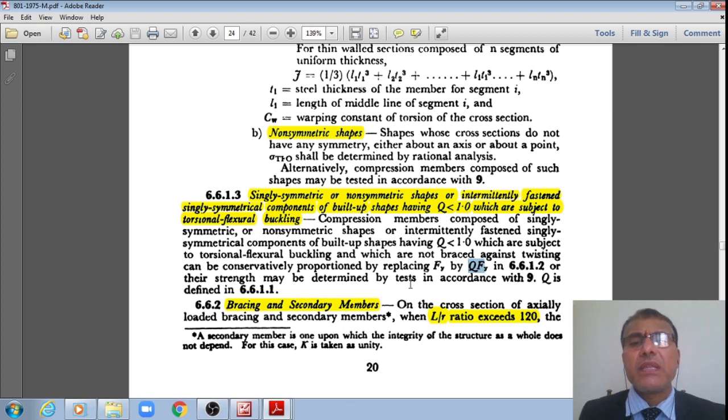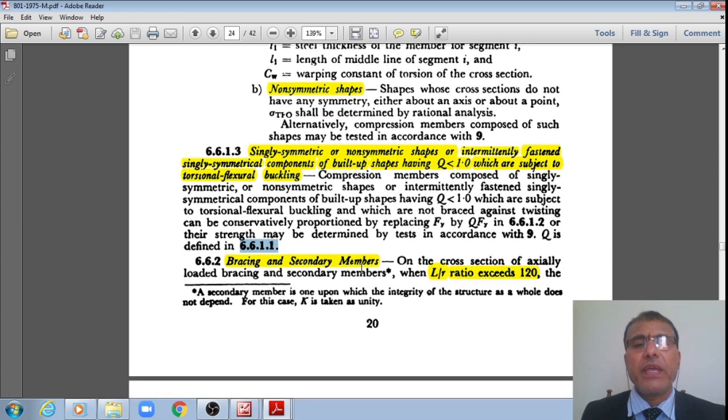Or for the strength, whatever we have seen in clause 6.6.1.1, there also you replace Fy with QFy, right?